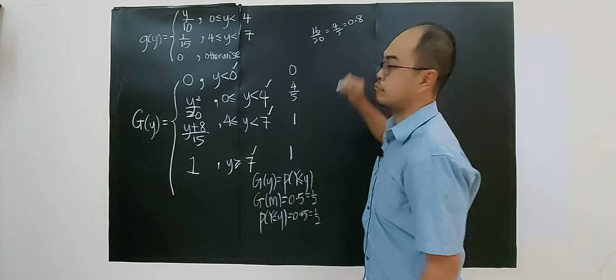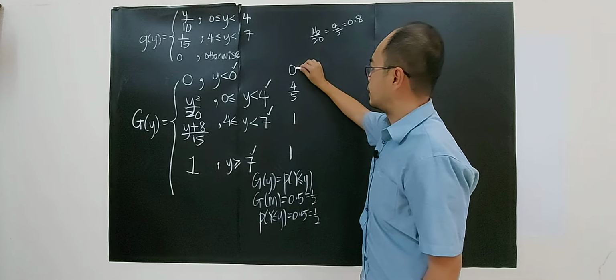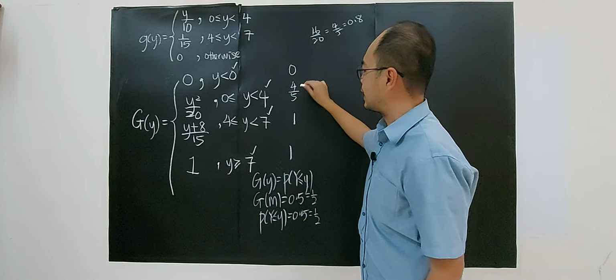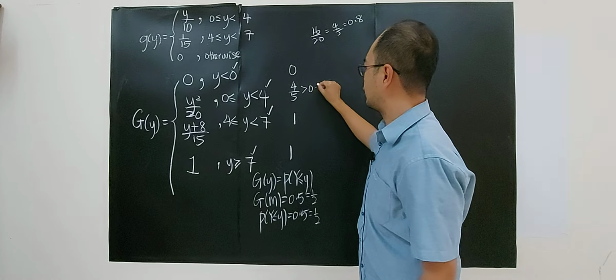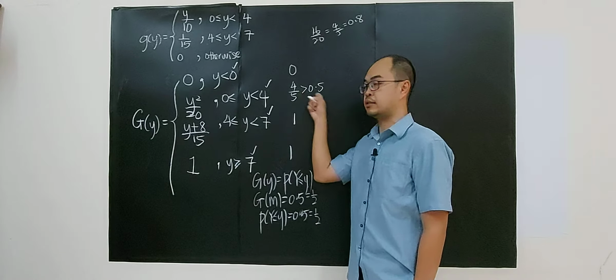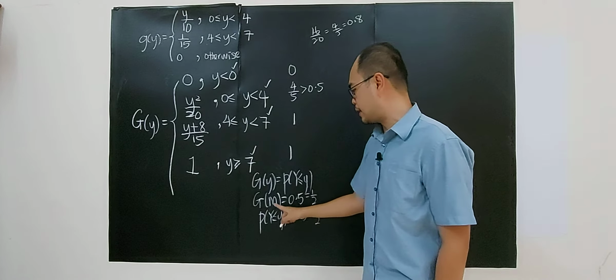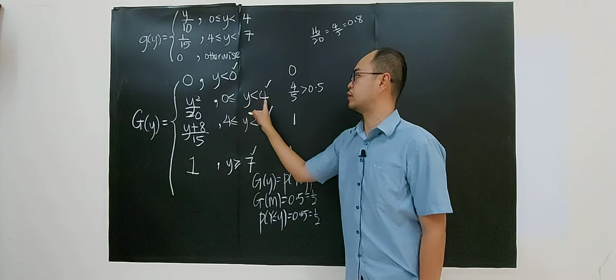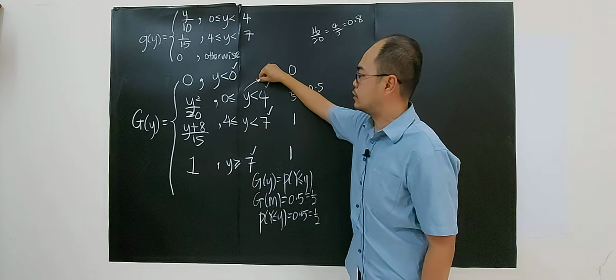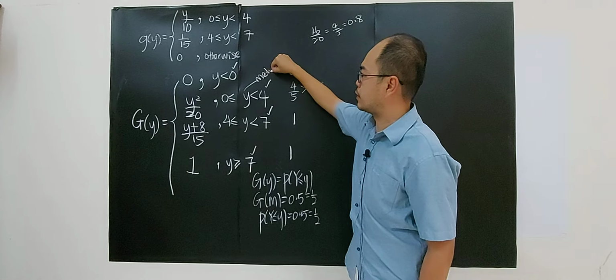It's 0.8, which means the third value is the value that starts to be greater than 0.5. As long as it's greater than 0.5, the median will be in between this interval.